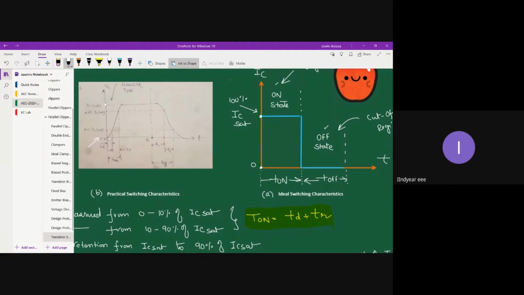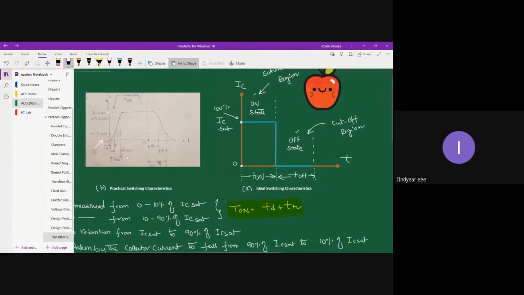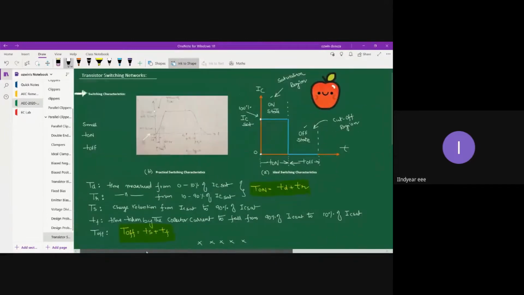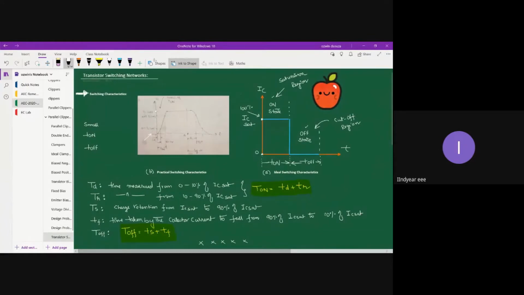Instead, it takes a finite delay time to reach the saturation current. So basically the time interval T on talks about the turn on time of a practical switch. This turn on time consists of two components: the delay time and the rise time.